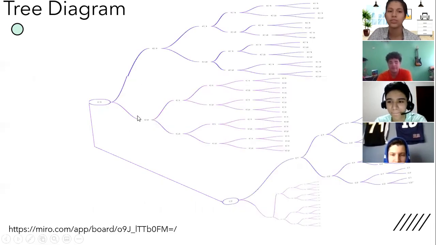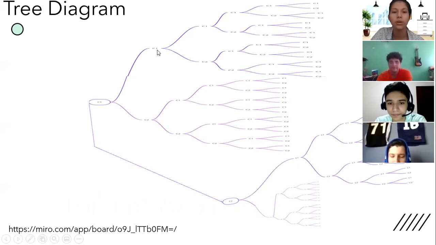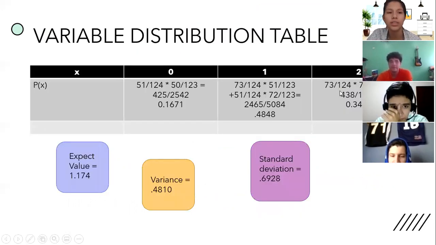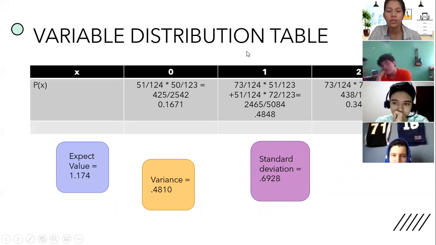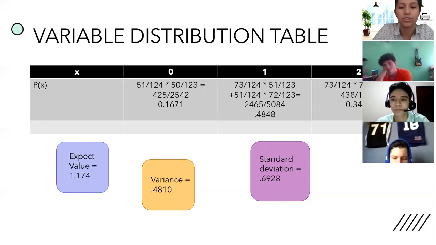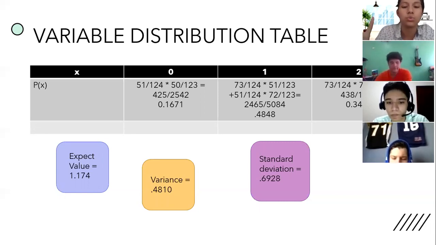Here is our tree diagram. For the variable distribution table, to calculate the values and make this table, we had to make a tree diagram based on the first two draws.